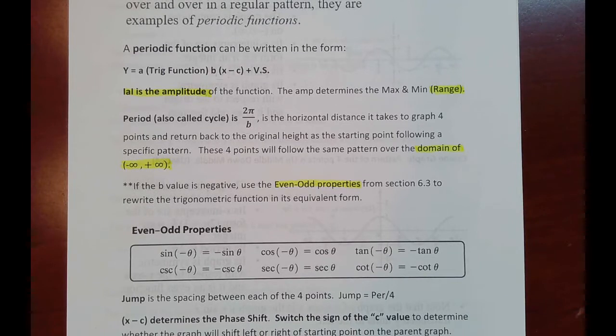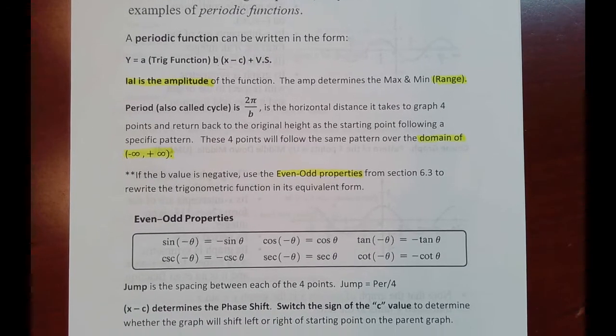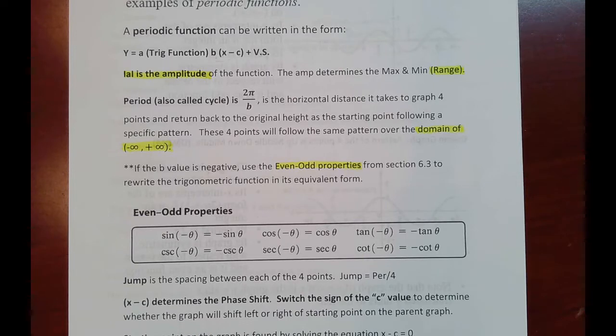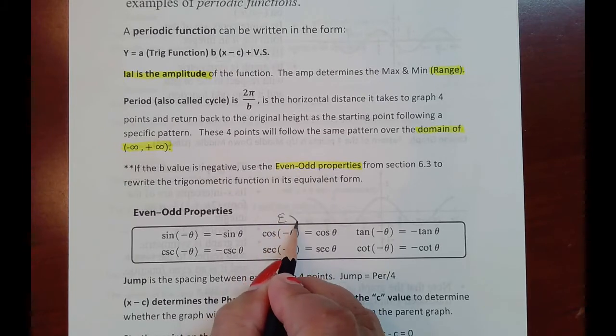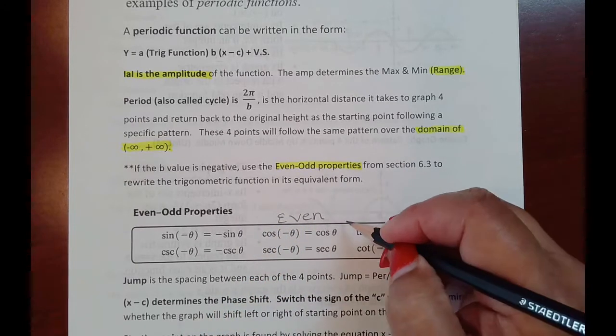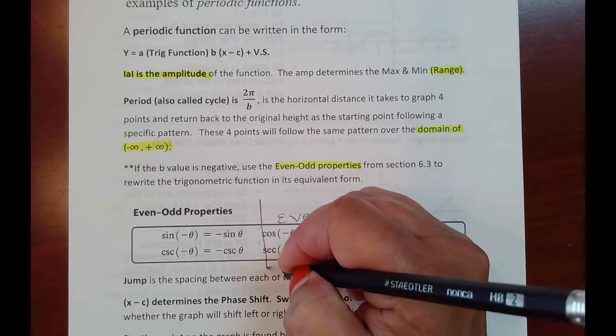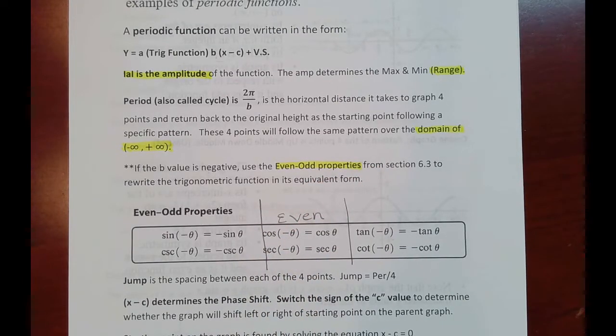If a function is even, and I have restated those properties all over again for you in this section, that if you have even functions such as cosine or secant, these are the only two even functions, the ones that you see right here in the middle, then if there is a negative in the argument, that'll be the expression typically containing x, you can just disregard it.